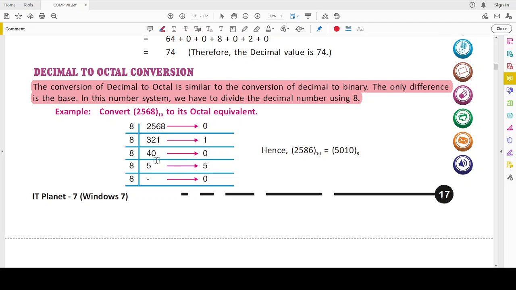Now here I think they have made a mistake. Actually this came downward, right? No mistake is there.